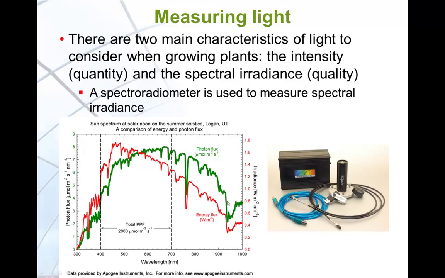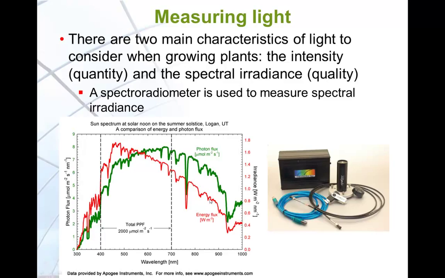So the photon-based data basically is showing the number of photons quantified using a unit of mole received per square meter per second, and the number of photons of each wavelength per nanometer is shown in this green chart.